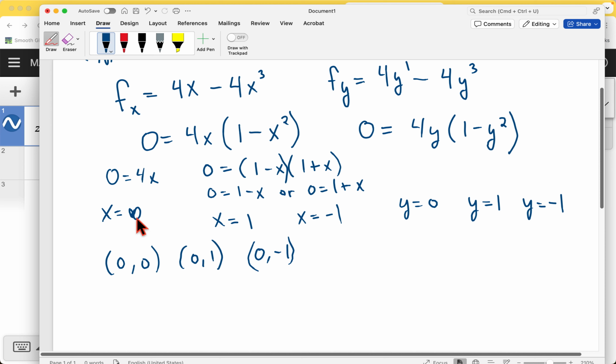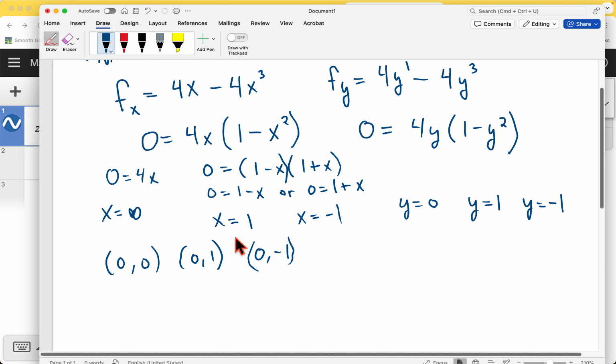As long as x is 0, this is going to be 0. As long as y is 0, 1, or -1, the derivative of y is going to be 0. So this makes these points both x, we've got 0 slopes in both the x and the y direction. So those are 3 critical points.